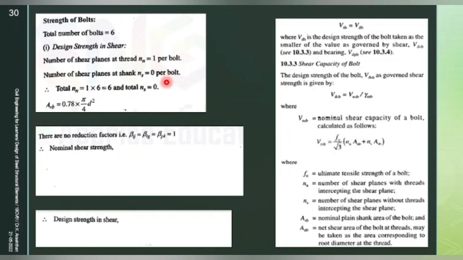And how to find A_nb? You had this formula in the previous problem, 0.785 d squared, that is pi d squared divided by 4. Now what is your diameter here? You have two diameters, the diameter of the hole and the diameter of the bolt. What are you doing now, testing the bolt or testing the plate?